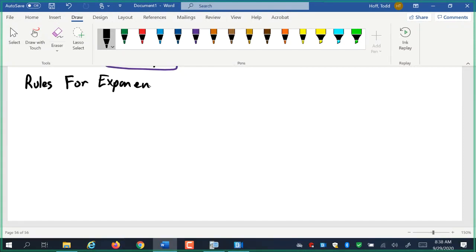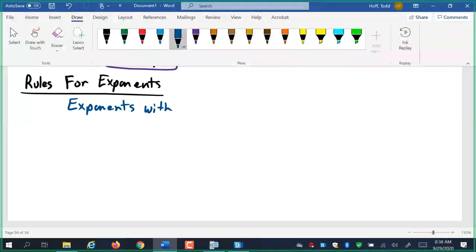That brings us to some rules for exponents. If we have exponents with the same base, that's very important, exponents with the same base. That same base is vital to combine them.